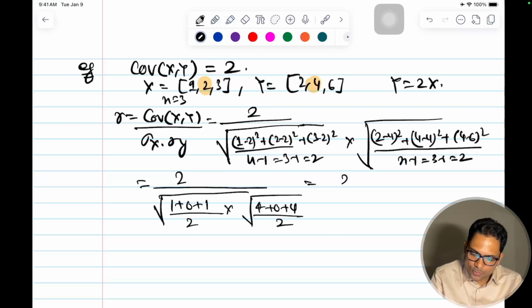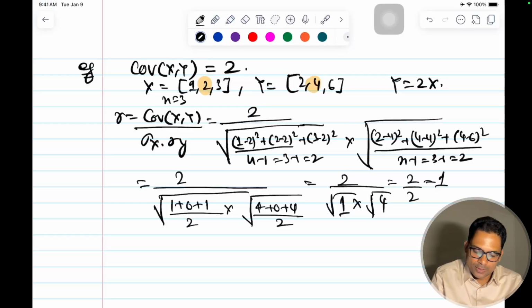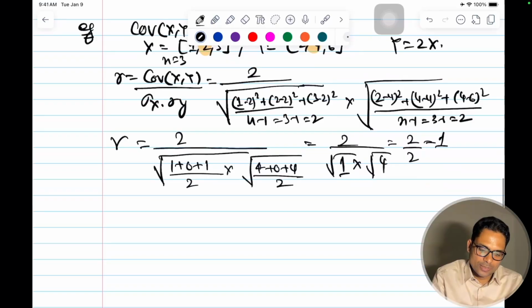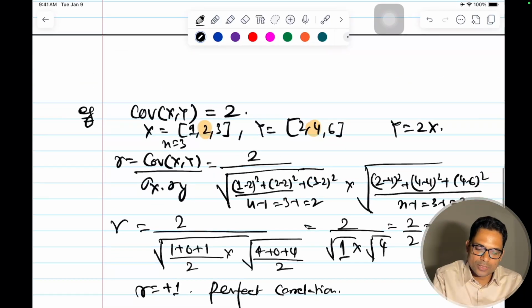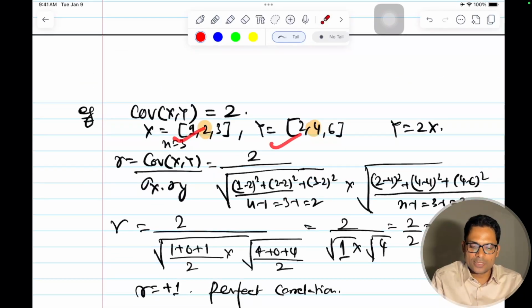So this is 2 divided by the square root of 1, no problem, into the square root of 4, which is 2. So this is 2 by 2, which is equal to 1. So my R is equal to 1. This is a perfect correlation, and that's what we saw: if x changes, y changes. It's a perfect correlation.